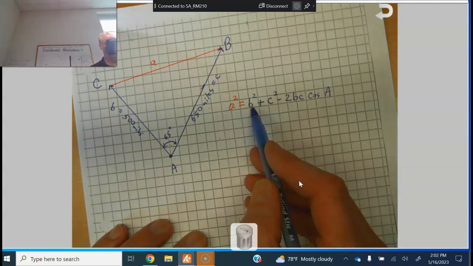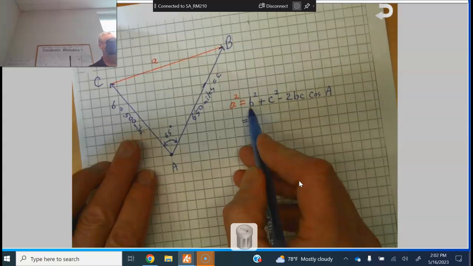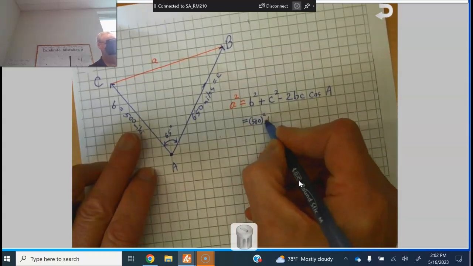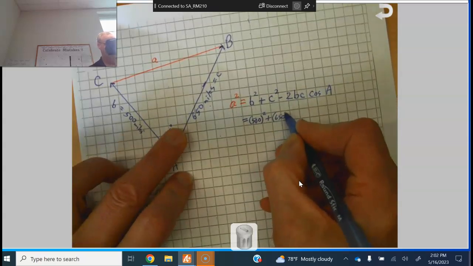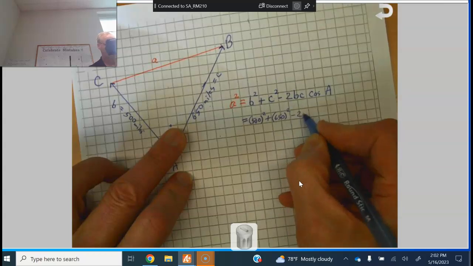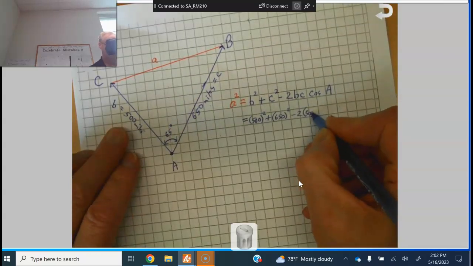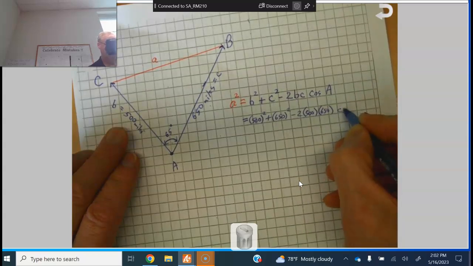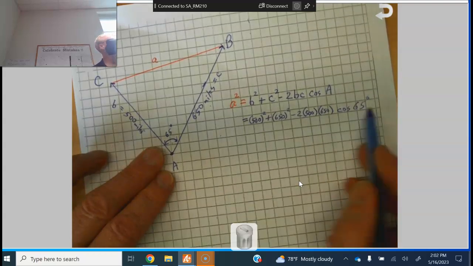Now, we could put these numbers in here, and I could substitute. Instead of B, I can put the 500. Instead of C, I can put the 650, and the cosine of A is the cosine of 65 degrees, and I can evaluate this.